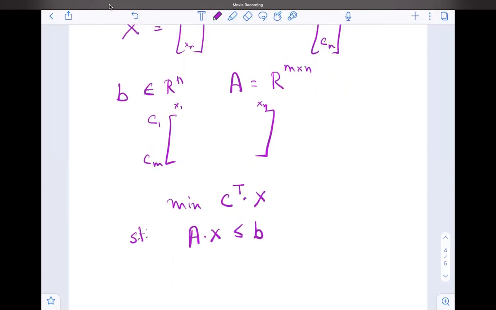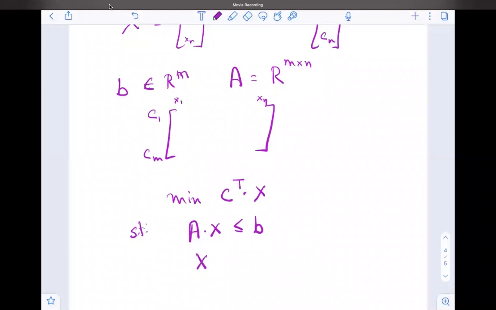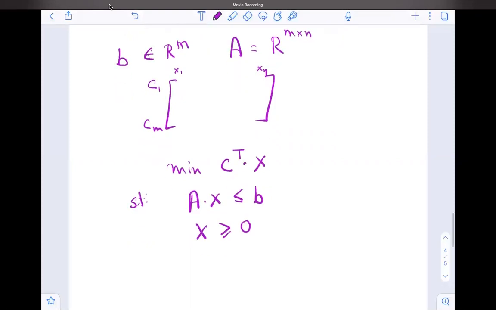A dot X is a vector, and this has to be component-wise less than B. And I want X to be, usually it is written like this, X greater than or equal to 0, and X is in the reals or Z or natural numbers, so N to the power n. So this is an ILP instance.